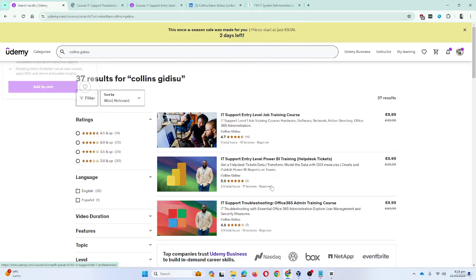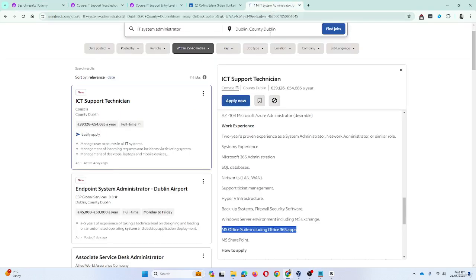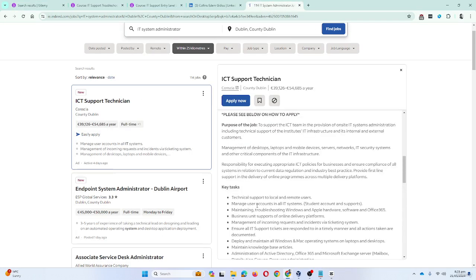So you'd see that most of the courses that I have put out so far have been tailored to help you fill in the gaps that you need to fulfill some of these skills. You can apply for the jobs, but if you don't have the necessary skills to demonstrate to the recruiter that you can do it, you wouldn't be able to.